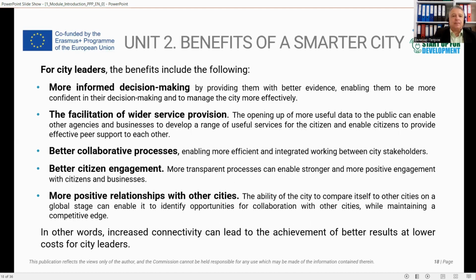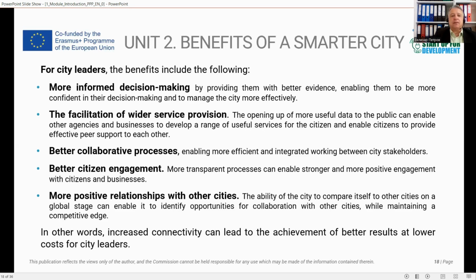For the city leaders, the benefits include the following: more informed decision-making by providing them with better evidence, enabling them to be more confident in their decision-making and to manage the city more effectively. The facilitation of wider service provisions: the opening up of more useful data to the public can enable other agencies and businesses to develop a range of useful services for the citizen and enable citizens to provide effective peer support to each other.